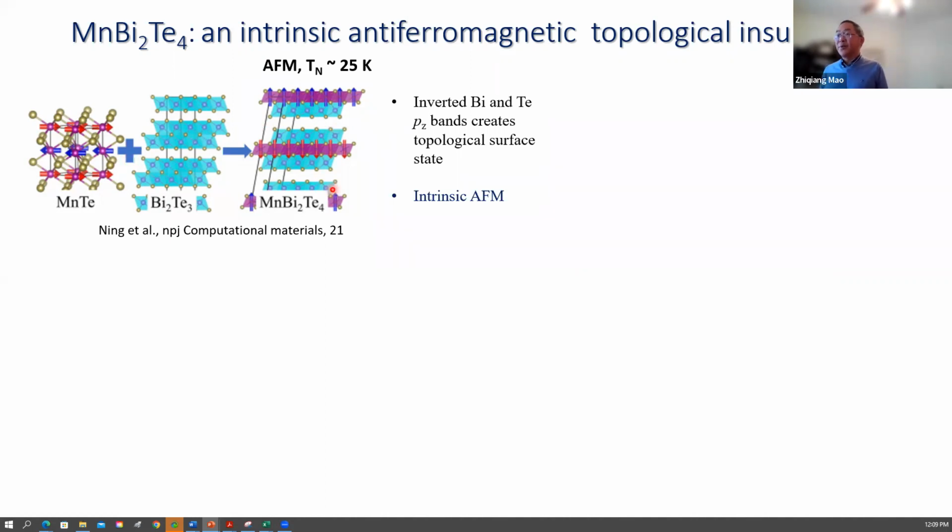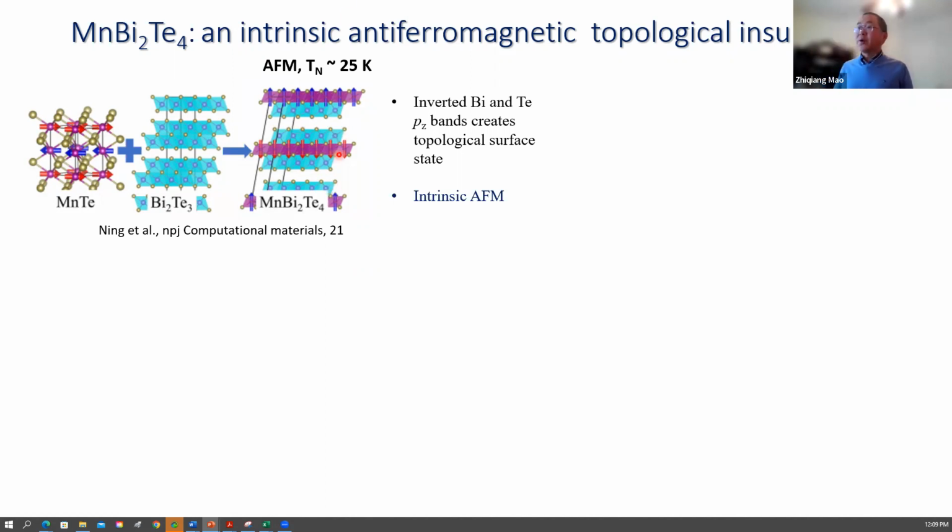The compound still preserves the non-trivial band topology that is generated by inverted bismuth and tellurium p_z bands. So that creates a topological surface state. But the intercalated manganese carries a magnetic moment. It orders ferromagnetically within a septuple layer, but these ferromagnetic layers are stacked antiferromagnetically along the c-axis.